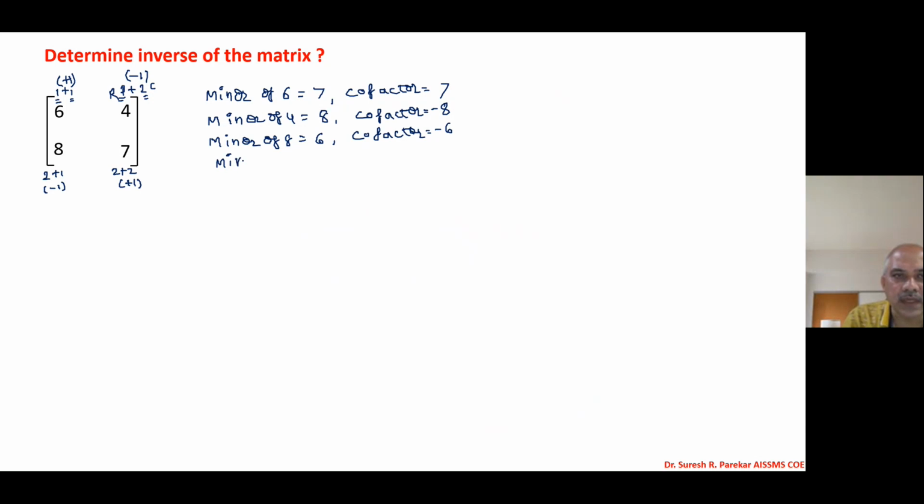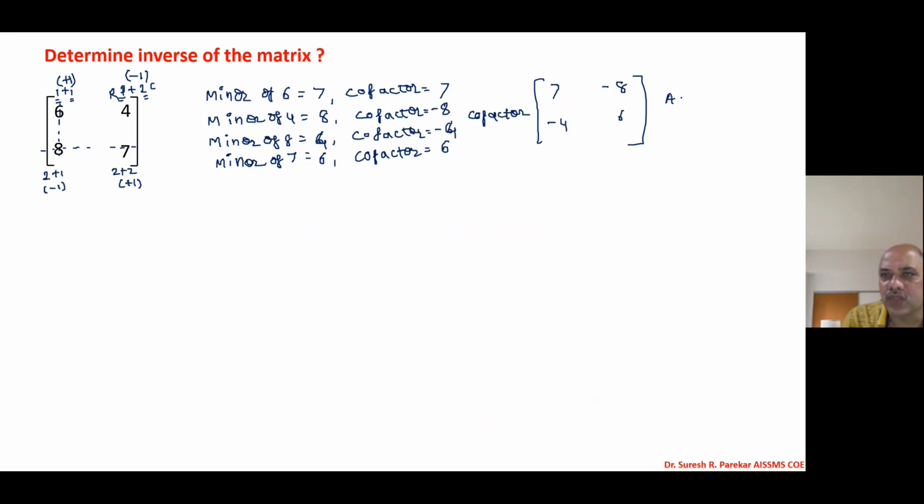The minor of 7: this will be 4, and the cofactor will be minus 4, because for minor of 8 we remove this column and this row. So 4, and for 7 we have 6, and the cofactor will be as it is, 6. So if I mark this, we have 7, minus 8, minus 4, 6. This will be the cofactor.